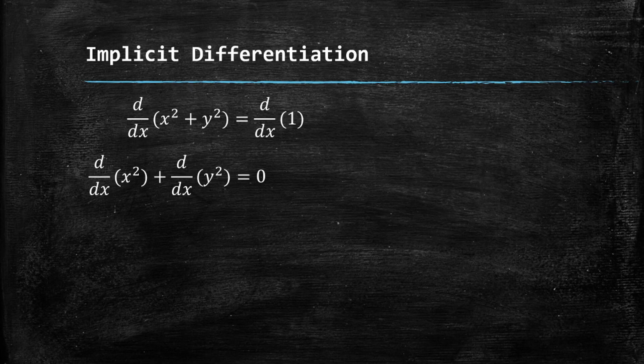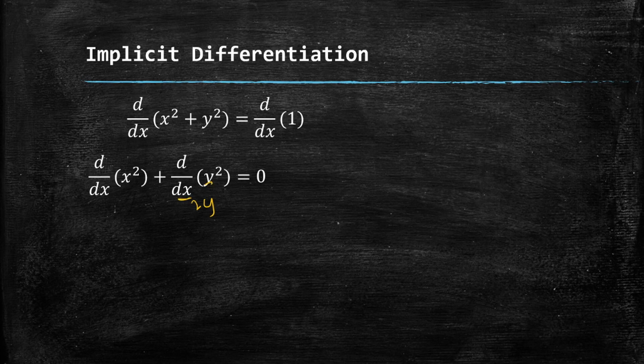And then we can apply the sum rule for derivatives for x squared and y squared. The derivative of x squared with respect to x has no problem. It's simply applying the power rule, which will give us 2x. But for y squared, applying the power rule here will give us 2y. But take note that the variables are not the same.